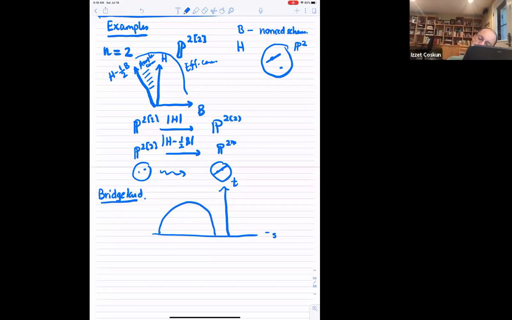Okay, and the one wall is given by having a map from O of minus 1. The destabilizing object is O of minus 1. And so you're asked, when do you have a map from O of minus 1 to IZ?